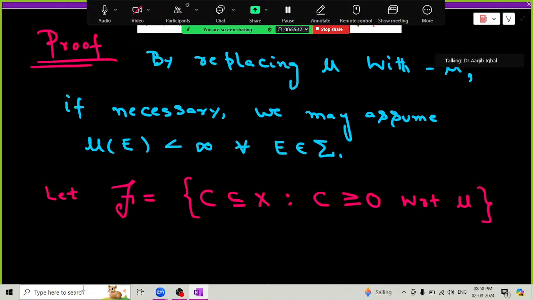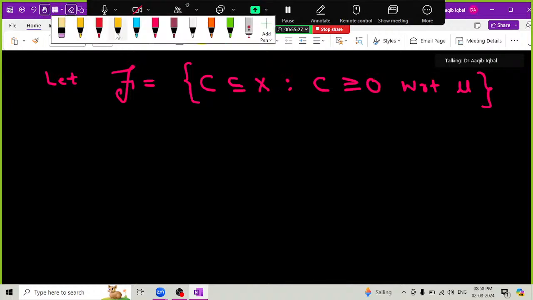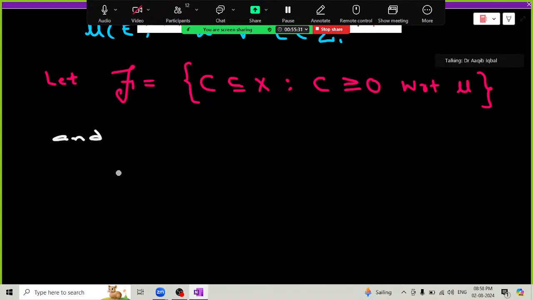ठीक है. इसके बाद हम एक और चीज़ लेंगे अभी. Let fancy F be equal to this, और script A be defined as, we are defining both these collections, so ऐसे सिंबल आएगा. And script A be defined as, ये जो fancy F के members हैं इनके हम mu signed measures compute करेंगे.